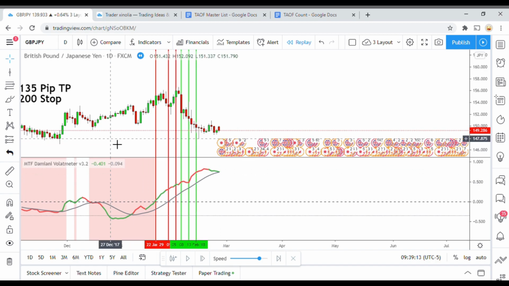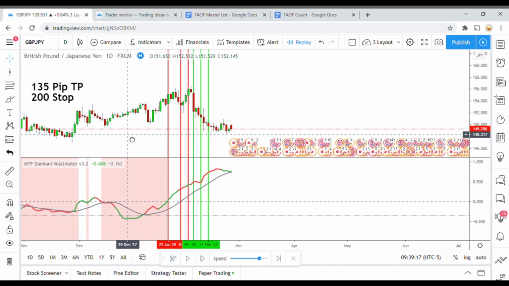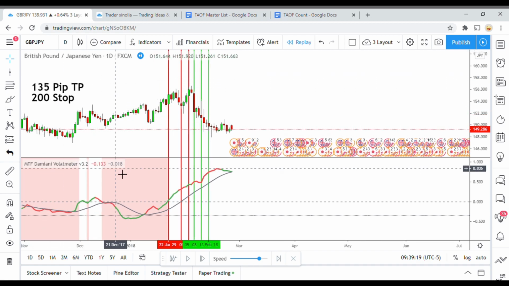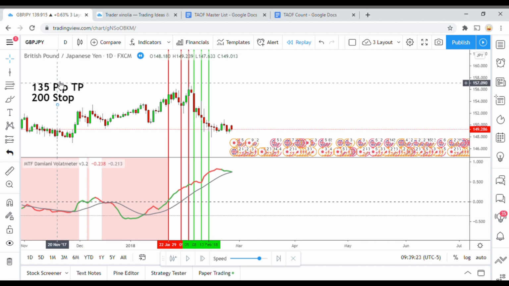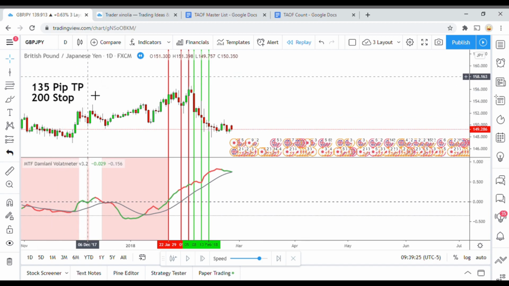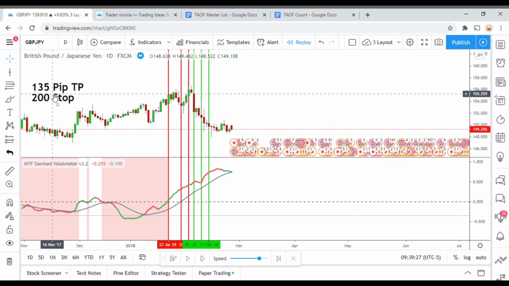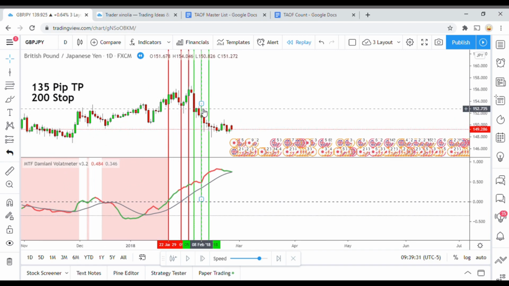Now, if we were to trade this the way we would normally trade it in a real world trading scenario, we would not take the full trade off at take profit. We would take half of the trade off at first take profit, move the stop to break even, and then let the trade ride as far as it possibly can.